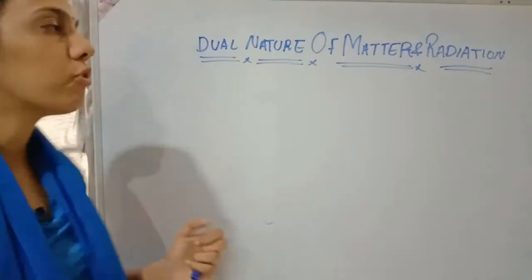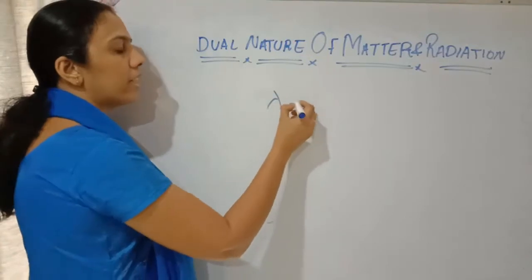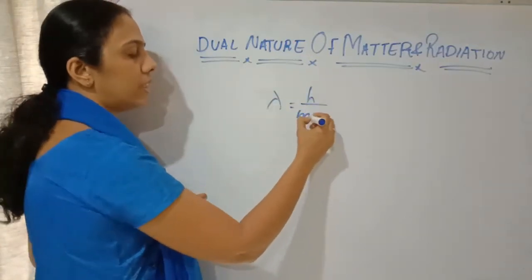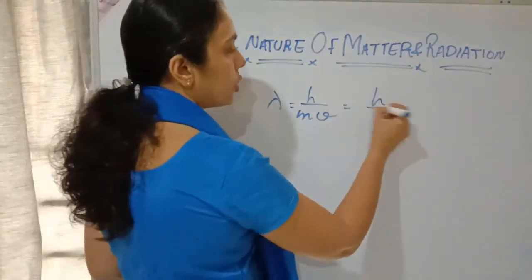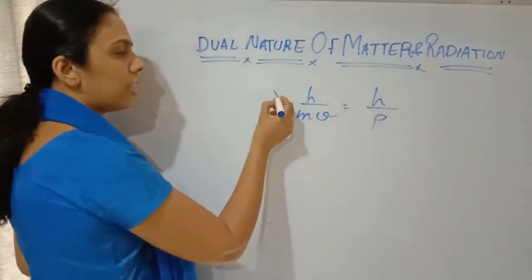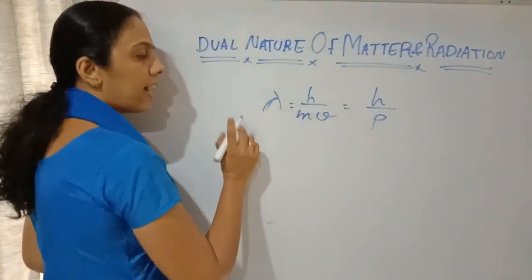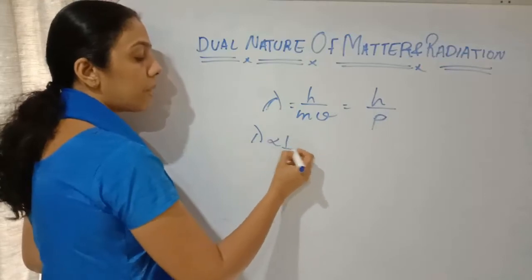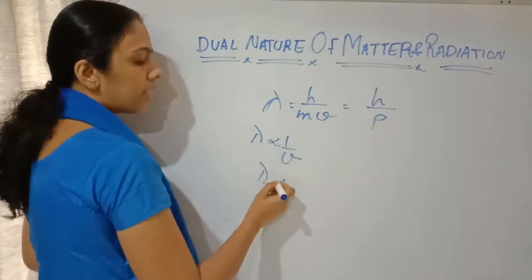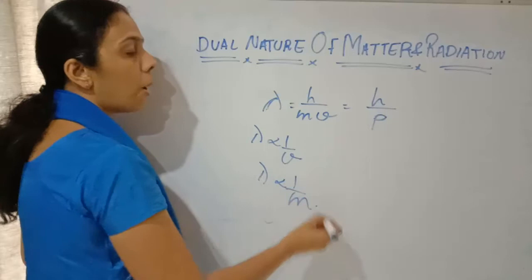The wavelength of matter waves will be lambda equals h by mv, or we can write it as h by p. So by looking at this equation, we can say that lambda is inversely proportional to v and lambda is inversely proportional to mass.